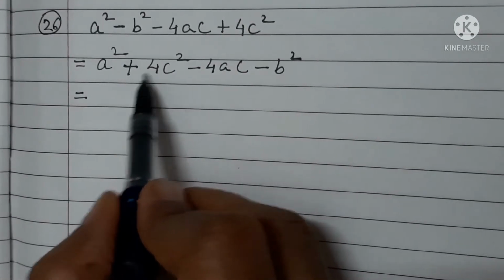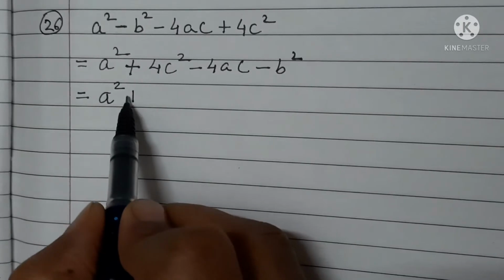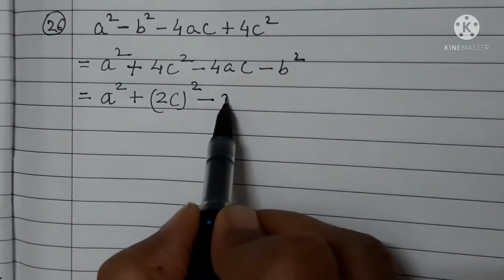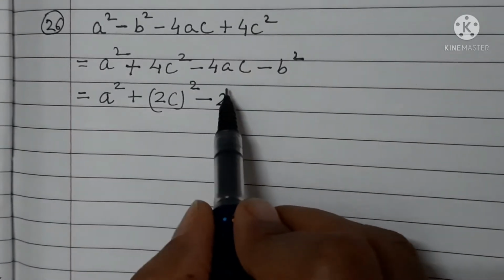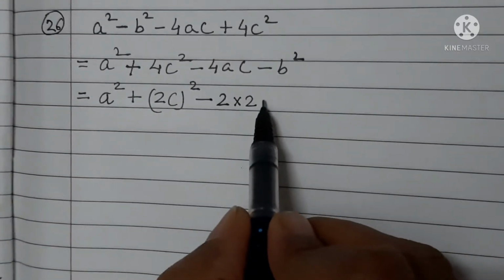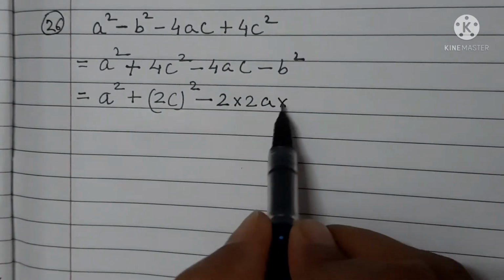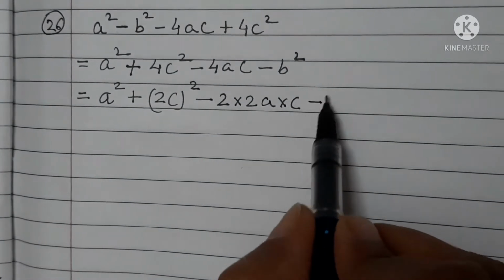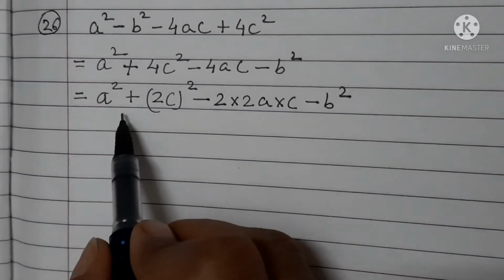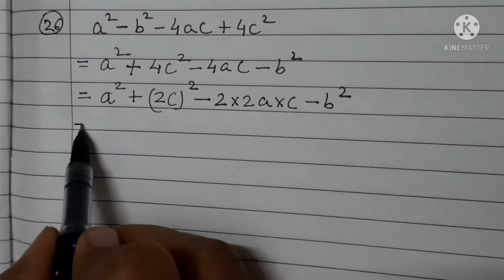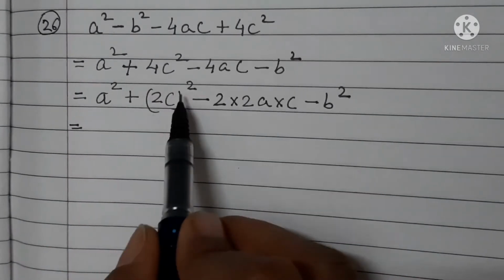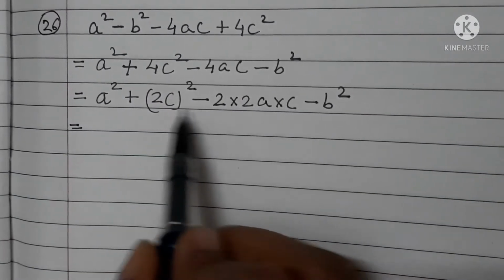Now you can write it like this: a square plus (2c) whole square minus 2 into 2a, break it into 2 into a into c, minus b square. Now here you are getting the identity of a square minus b square. So a square plus b square minus 2ab, in this form.